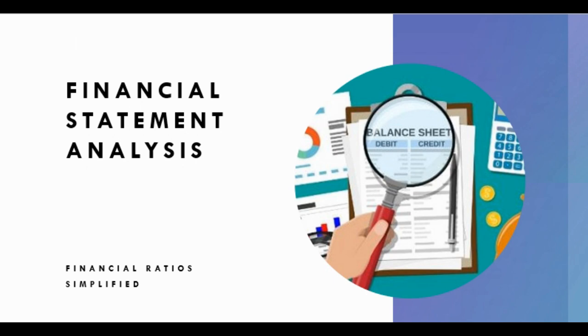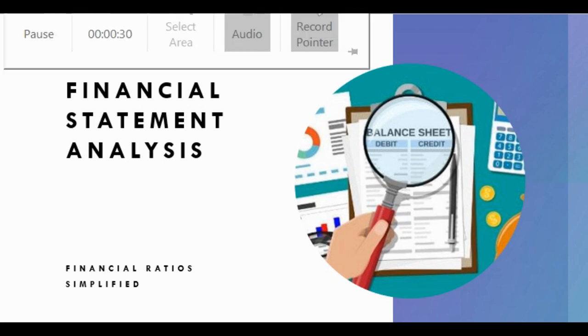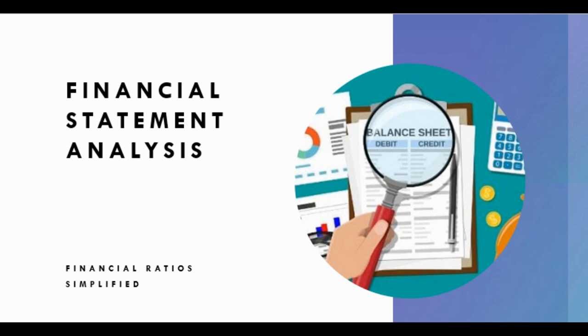In previous videos, as part of accounting, we have discussed the information contained in the three basic financial statements. What are those three basic financial statements that we have looked at? One is the balance sheet, second is the income statement, and third is the cash flow statement.